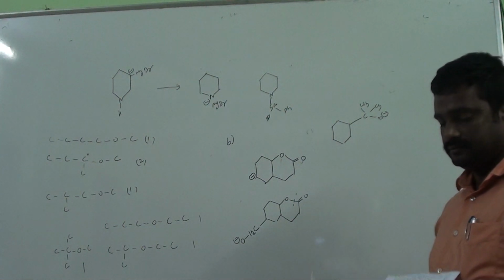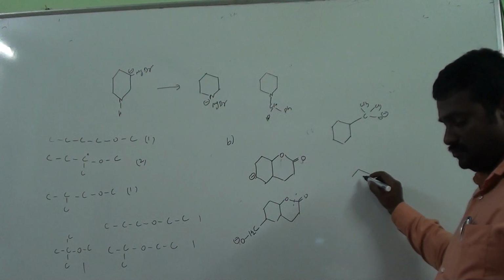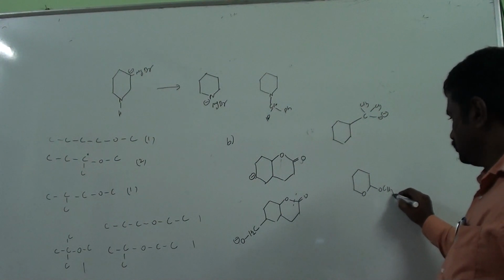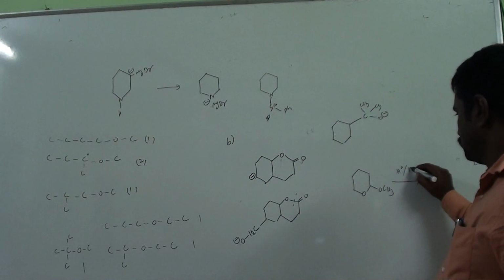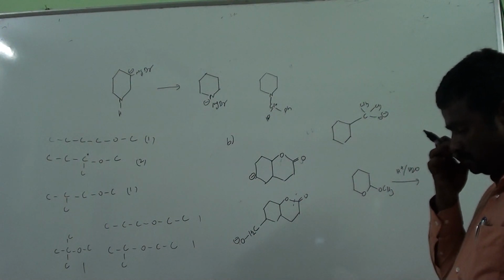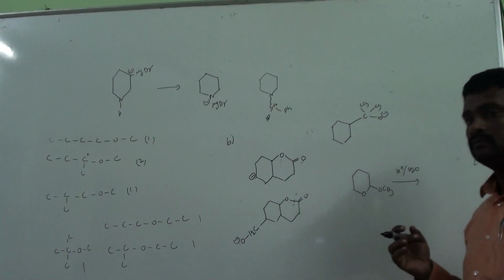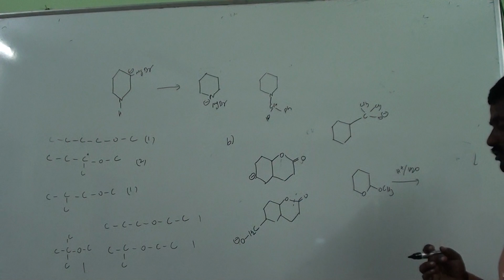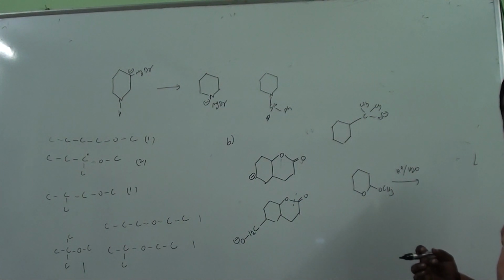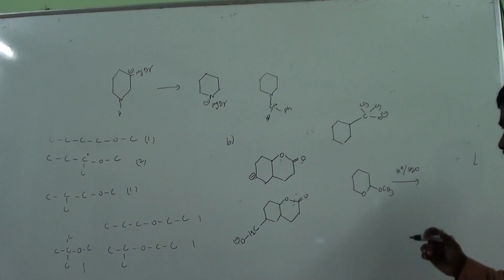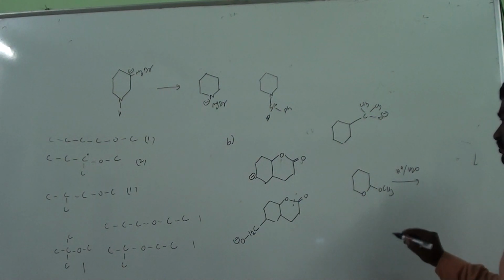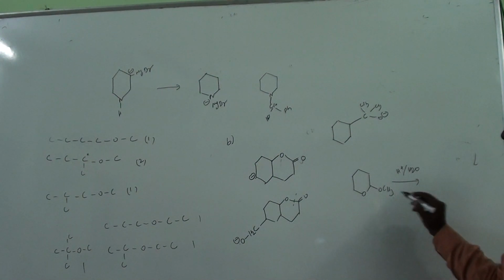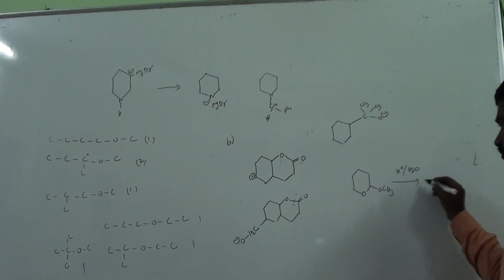Next, the 10th question. OCH3, H+, H2O. What will happen here? It's an acetal which will be cleaved. First, it takes a proton. This leaves as methanol.